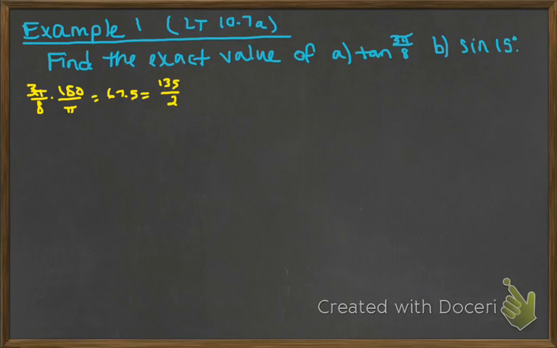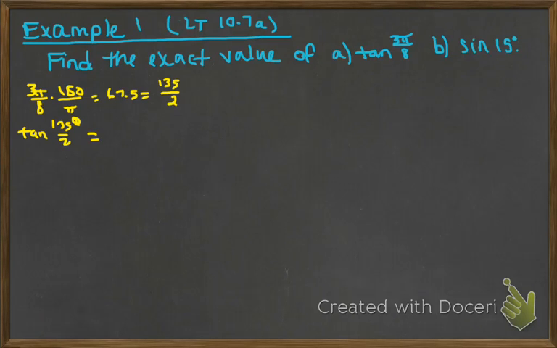And the reason I put it in the fractional form is that right there leads me into knowing that I could do a half angle, because it is 135 over 2. So that's what I'm going to do. I'm going to do the tangent of 135 over 2 degrees. It's not squared, it's degrees.